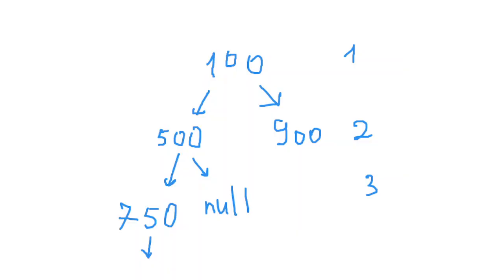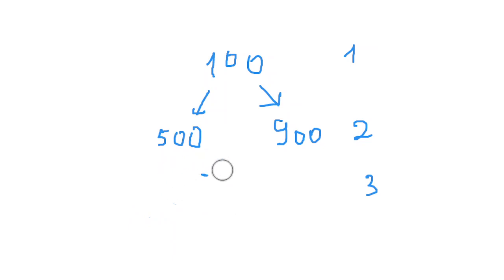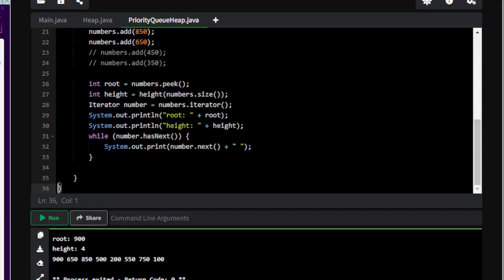So basically, instead of this one, we now have, let me erase a little bit. Right, all right. Okay, so instead of 100, we now have 900. All right, and we have 400.